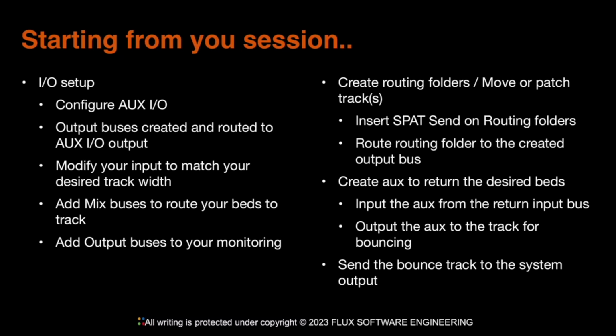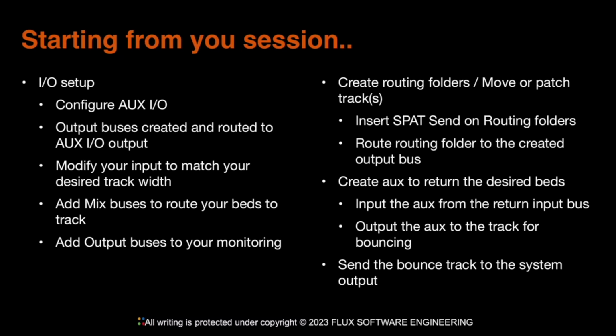And then the rest, we've covered it, but in review, right? We're just creating a routing folder, and we can then move tracks, or literally patch tracks, to these routing folder buses, insert the SPAT send, route the folder to the created bus from our I/O setup, and we're done on the input side. On the output side, create the aux return for the desired bed, a binaural, a 712, and so on.